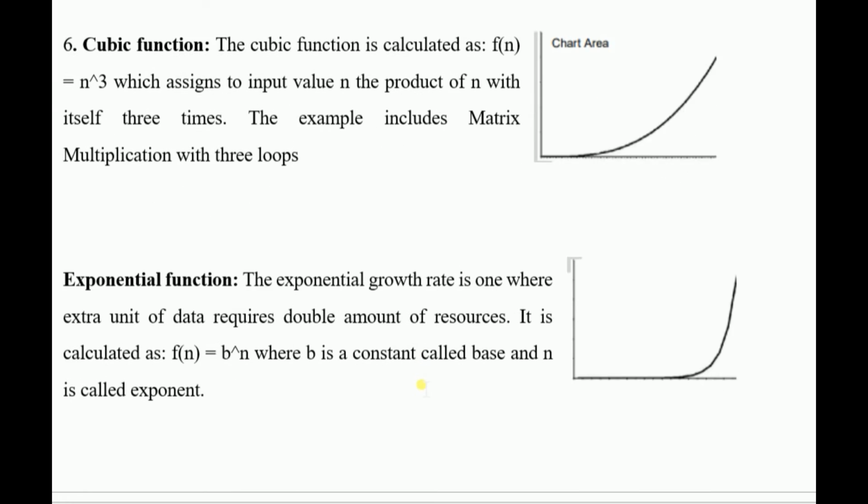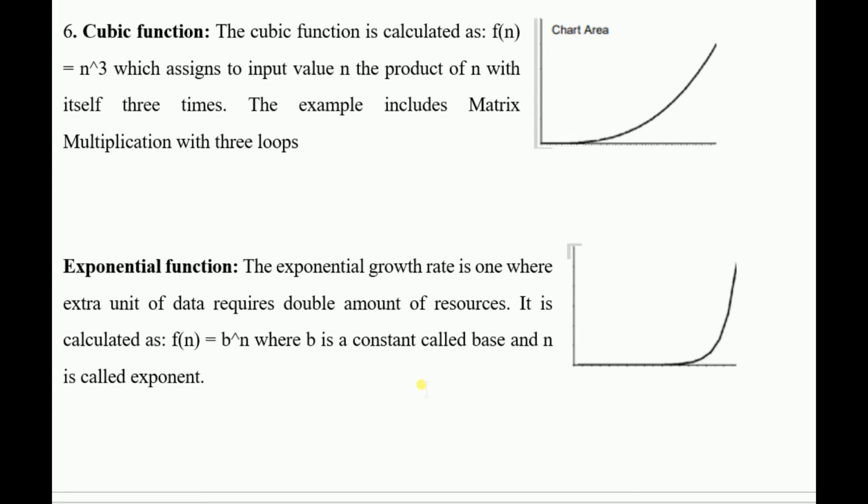Then the exponential function. The exponential growth rate is one where an extra unit of data requires double the amount of resources. That means if the data increases, the resource required will automatically be doubled. That is the concept of the exponential function.